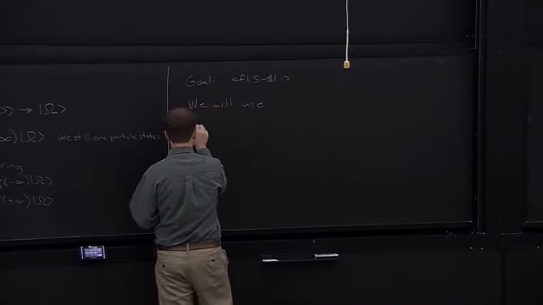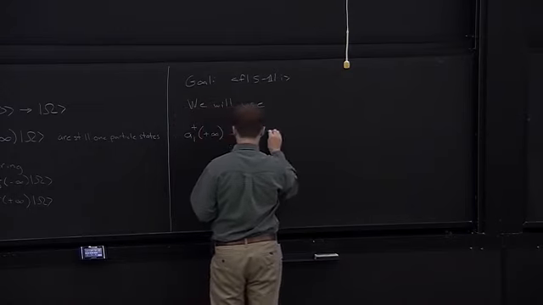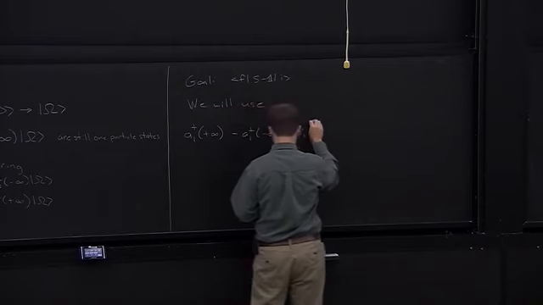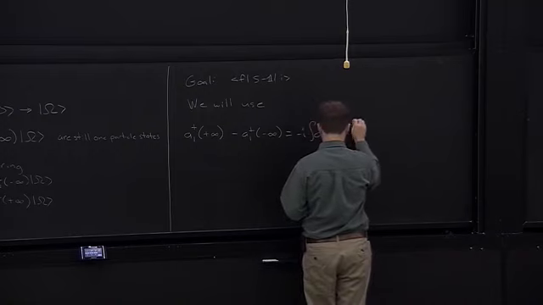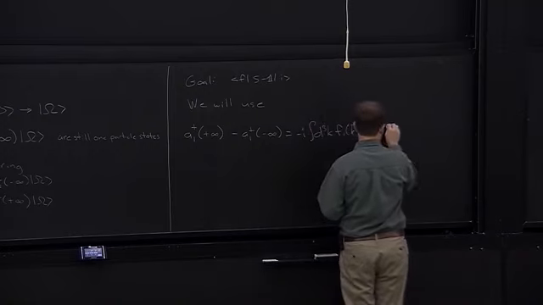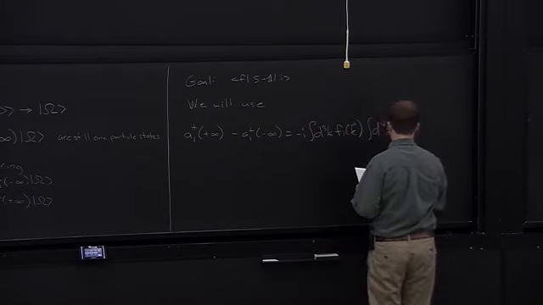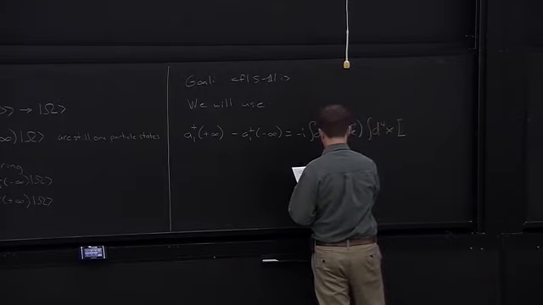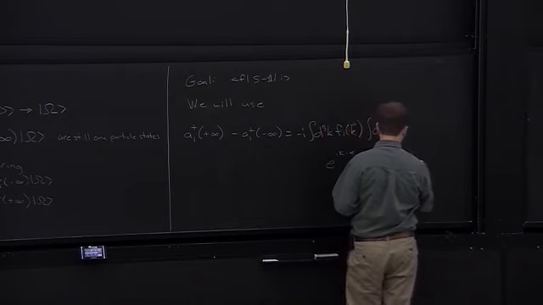So we'll show that A1 at plus infinity minus A1 dagger at minus infinity is minus i times the integral of e to the i k dot x, times the operator box squared plus m squared, acting on phi.